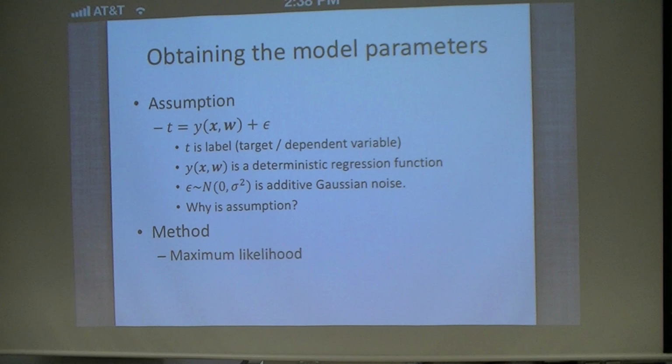Here y is a deterministic regression function, and we suppose the error epsilon satisfies a Gaussian distribution with zero mean and variance sigma squared. Why do we have this assumption? Because the output of the regression function may have some error, so it cannot exactly recover the label.